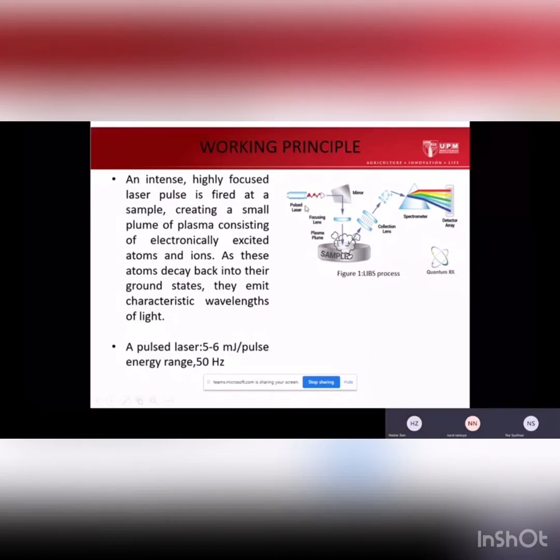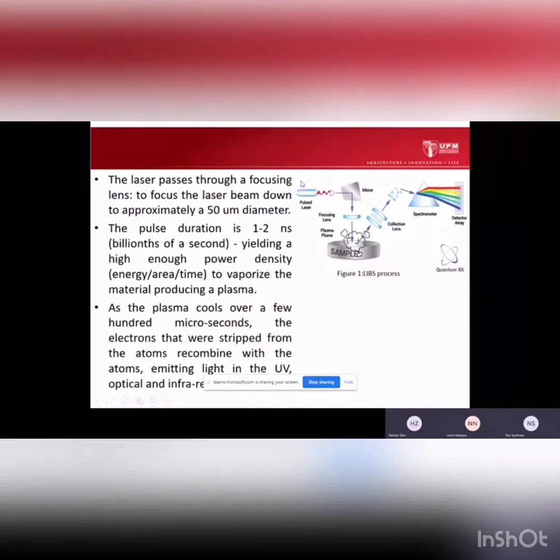This pulse laser has a pulse energy in the range of 5 to 6 microjoule and is pulsing at 50 hertz. The laser passes through a focusing lens to focus the laser beam down to approximately a 50 micrometer diameter, just like Natasha explained just now about the characteristic of the lens.